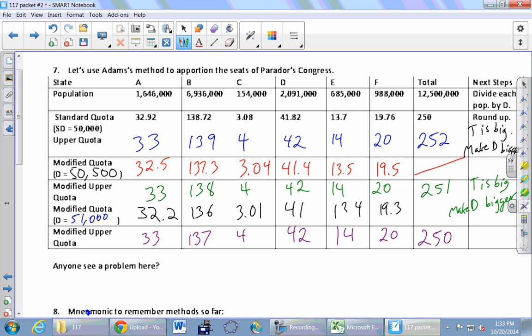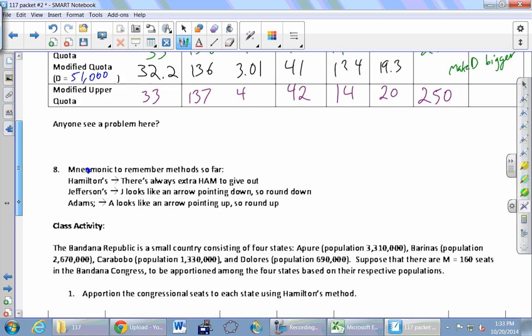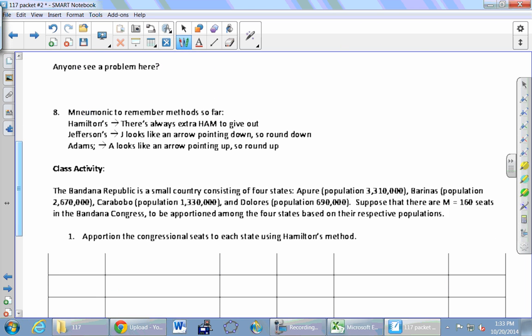And the small states would rather have Adams' method. And so these problems arose, and Jefferson and Adams didn't intend to make something that always favors the little guy or always favors the big guy, but it was just a consequence of the way they chose to do things. And so this was really a messy situation for a long time.